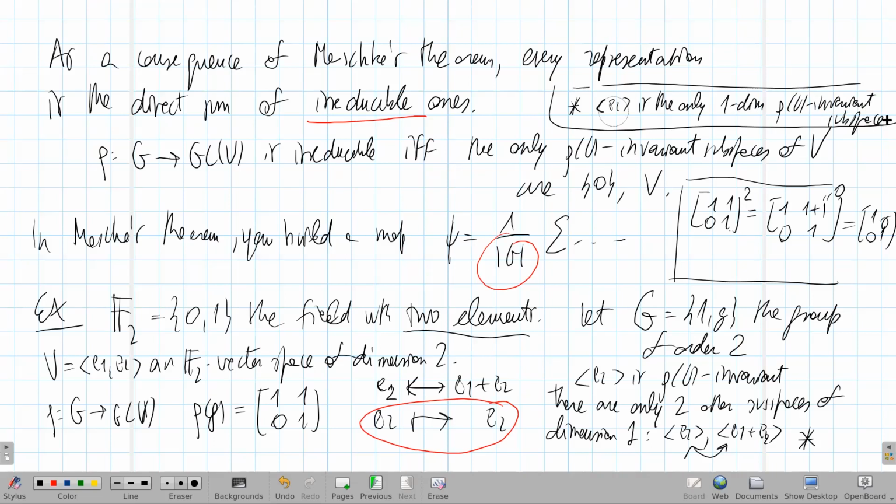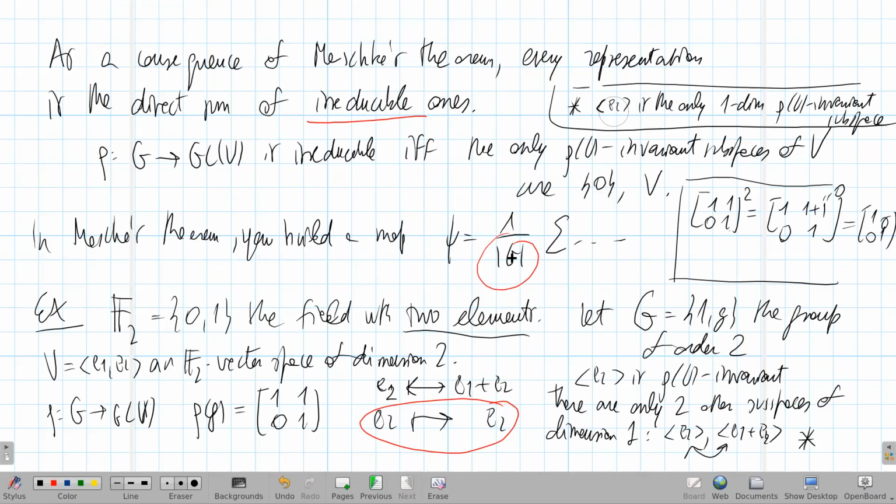And you see why Maschke's theorem does not work, because you have to divide by the order of G, which is 2, but in the field with 2 elements, 2 is 0, so you cannot do this averaging. And the thing with the inner product doesn't work, because for that you need complex numbers and conjugates and so on, and so that doesn't apply.